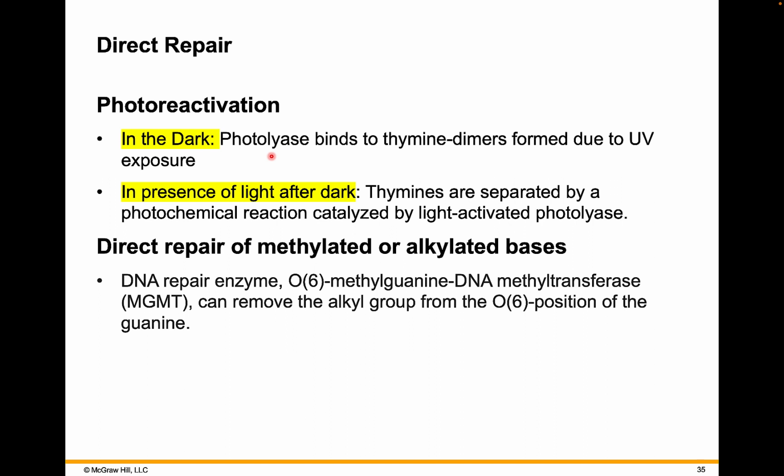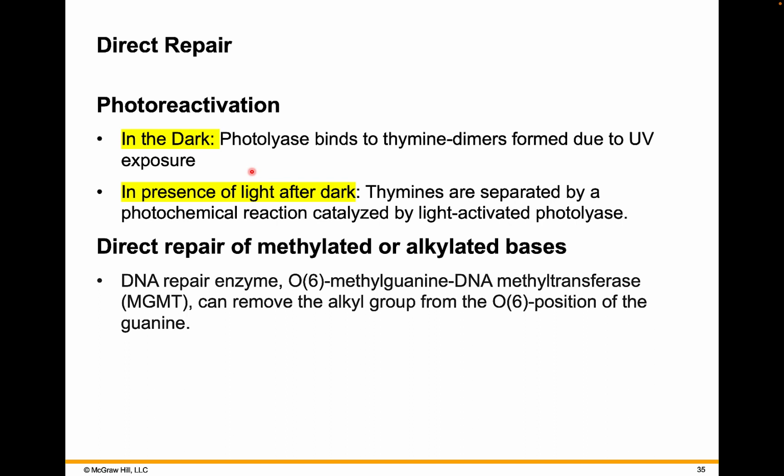So if a thymine dimer is formed during ultraviolet exposure, when it becomes dark, this photolyase scans the DNA and looks for the thymine dimers, and it binds to the thymine dimers in the dark. After that, if the bacteria is exposed to light, like daylight, not ultraviolet, these thymines are then separated by a photochemical reaction, and this is catalyzed by the light-activated photolyase.